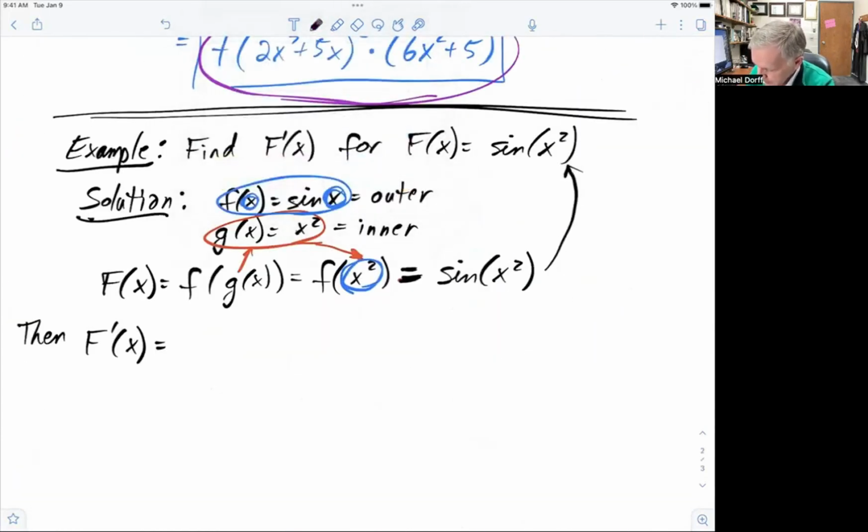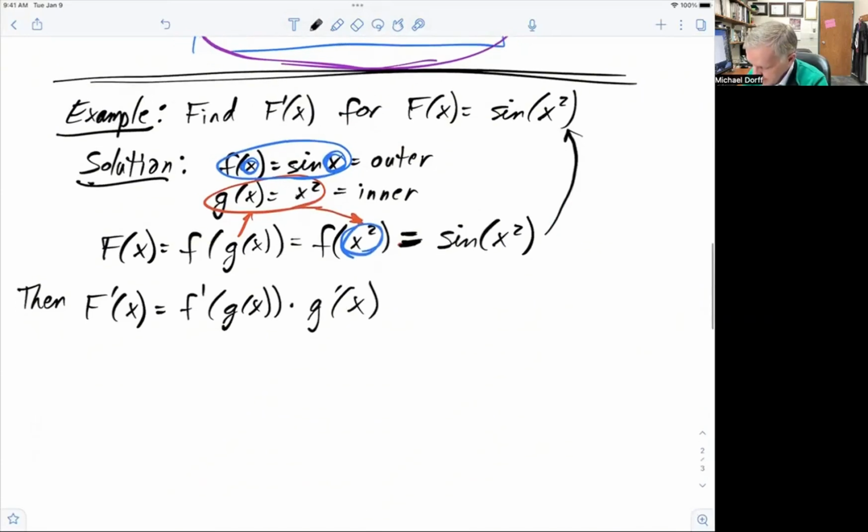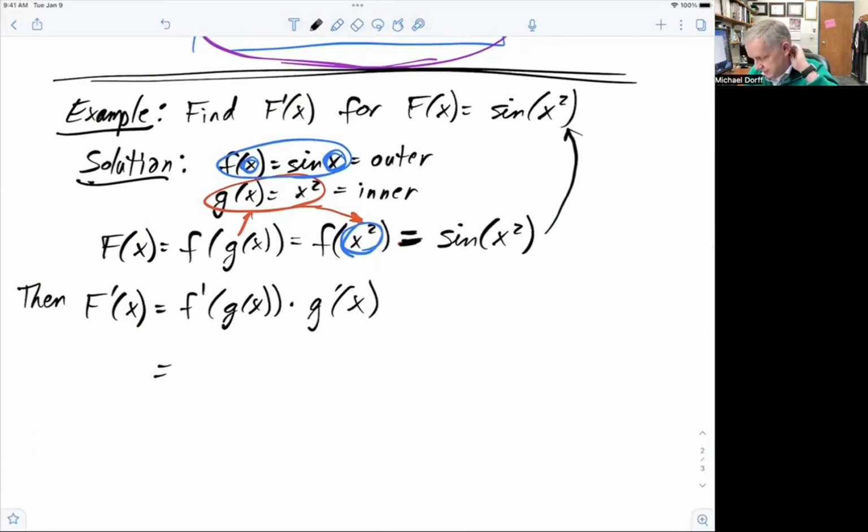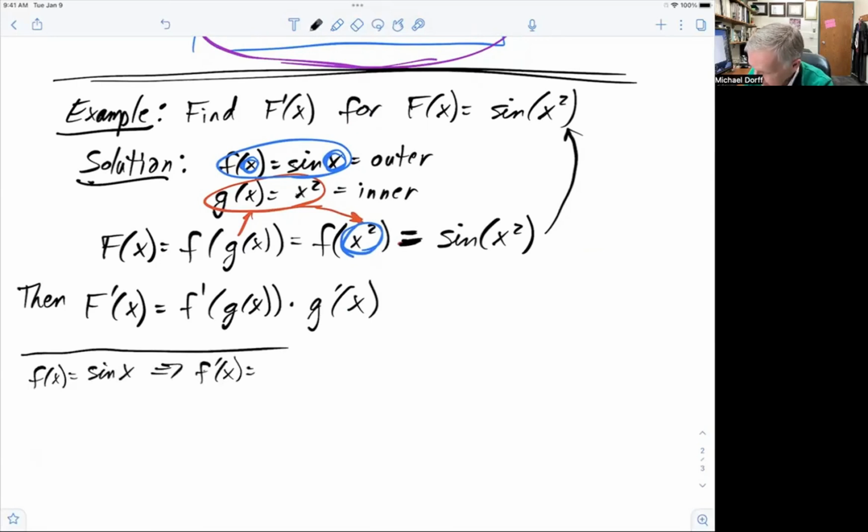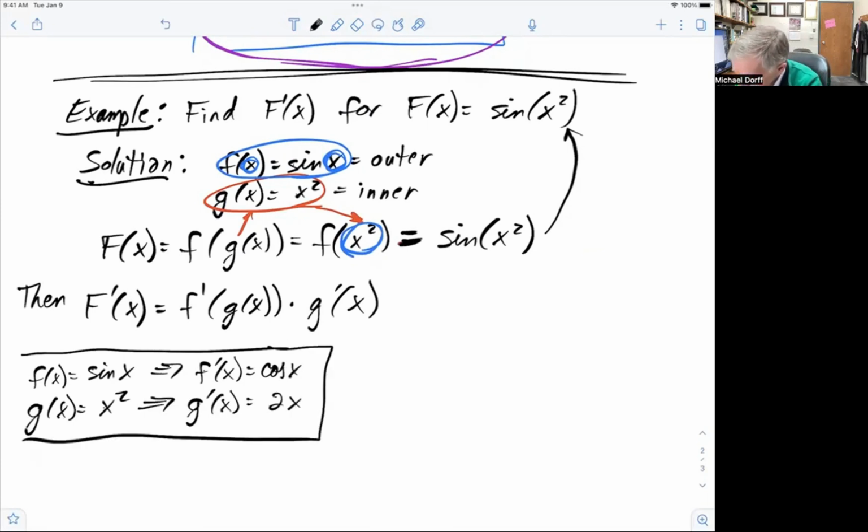So the derivative of capital F is going to be little f prime evaluated at g times g prime of x. So what is the derivative of little f here? f is sine x, so its derivative is cosine x. And g is x squared, and its derivative is 2x. Okay, so we're going to use those.